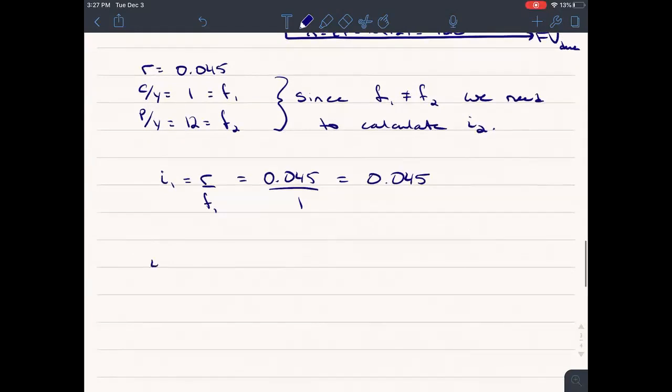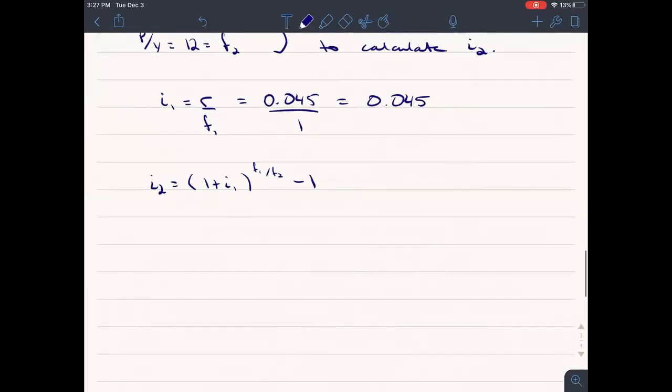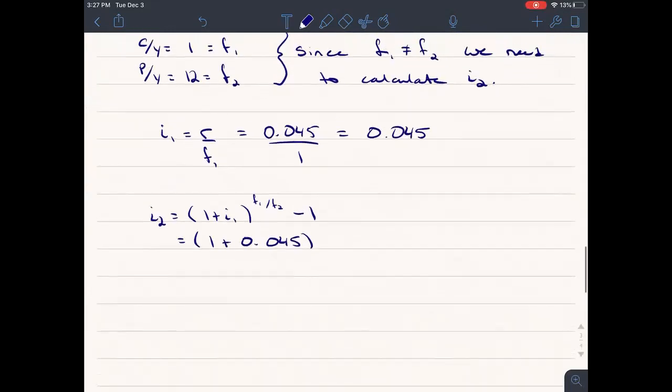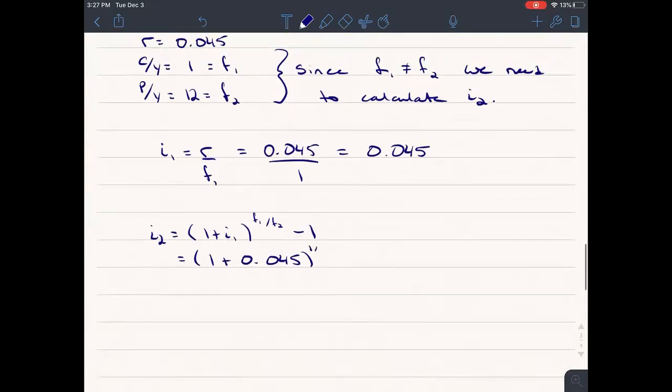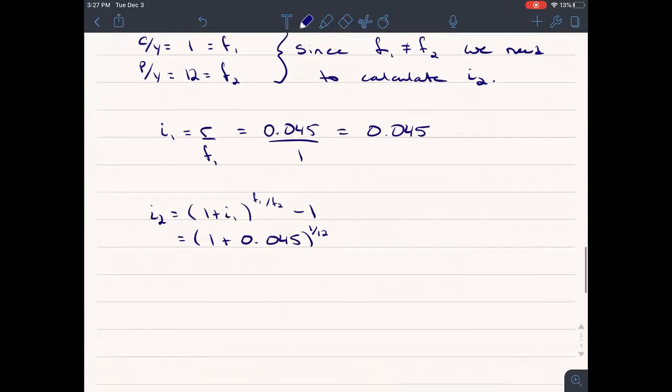So now I2 is going to be 1 plus I1 to the power of F1 over F2, and then minus 1. This is 1 plus 0.045 to the power of F1, which is 1, divided by F2, which is 12, and then we're going to subtract 1.